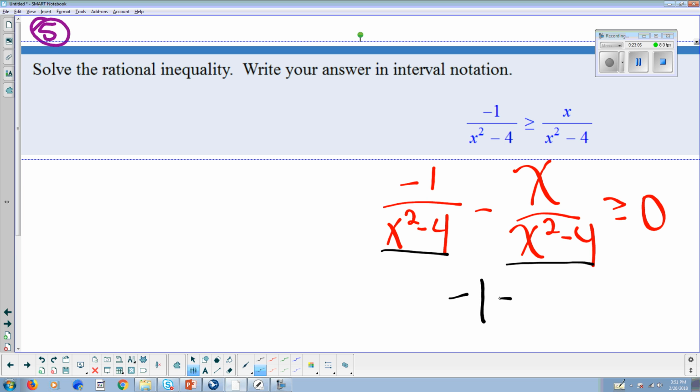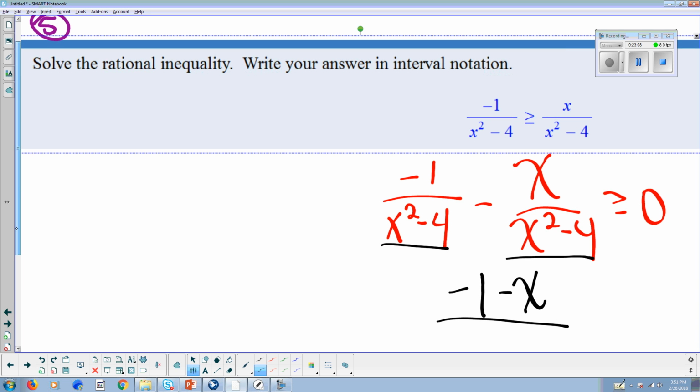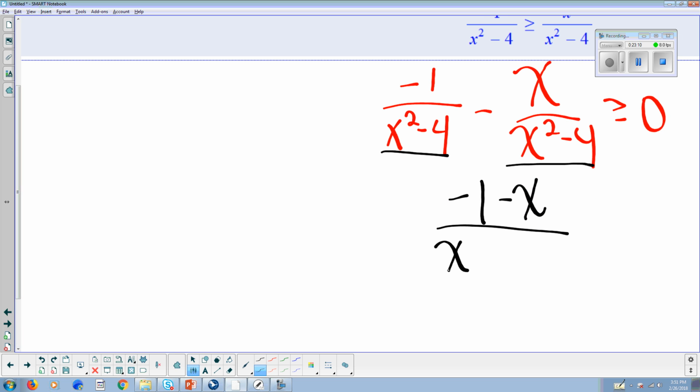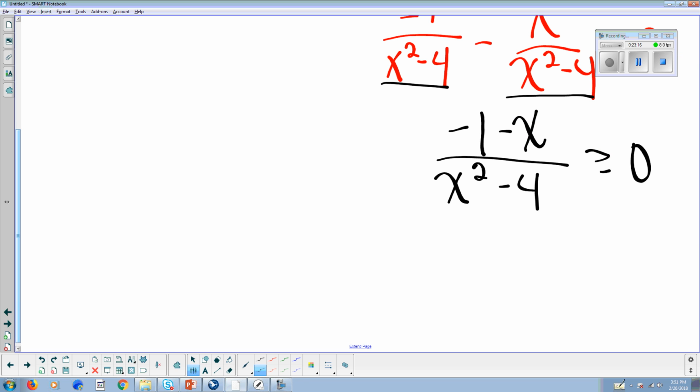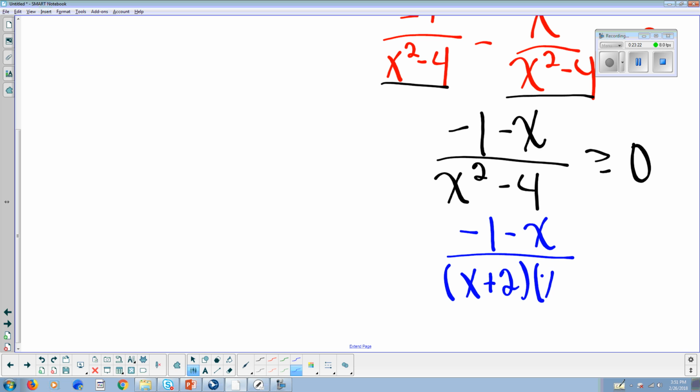Negative 1 minus x over the single denominator x squared minus 4. Now, this denominator factors. So I'm going to factor that to write negative 1 minus x over x plus 2 times x minus 2 greater than or equal to 0.